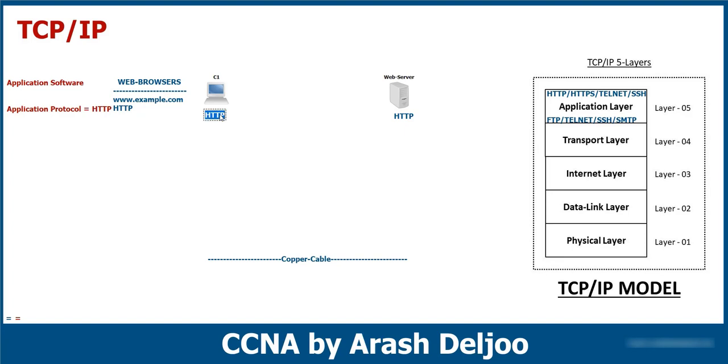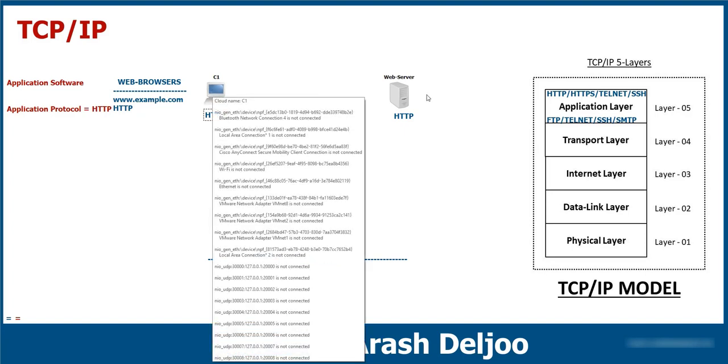In HTTP, the hypertext transfer protocol, we have a mechanism that helps us, for example, give the request to the web server, and after that receive the web page from the web server. This is the web server, and C1 is the web client, because C1 is a client of this server.